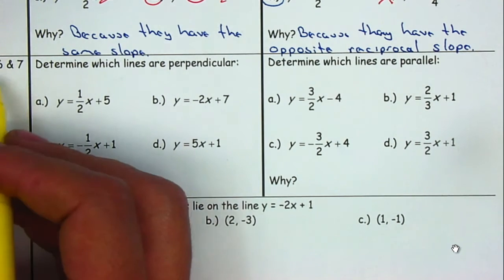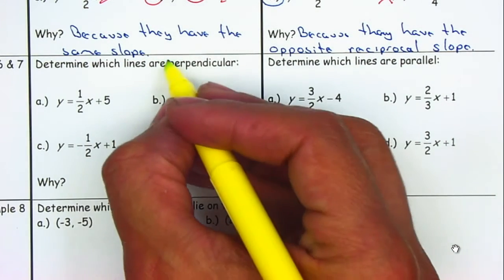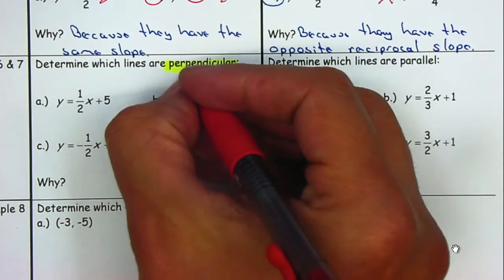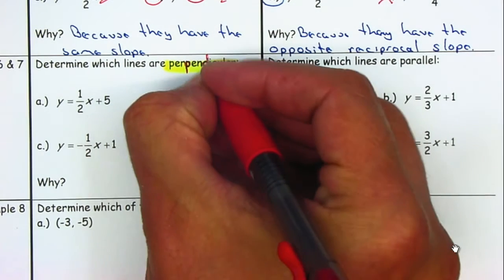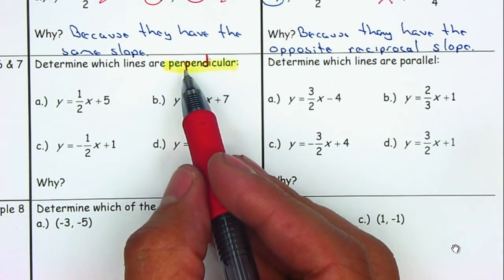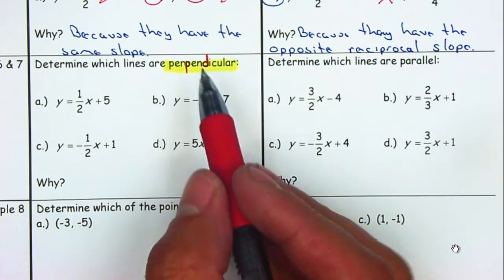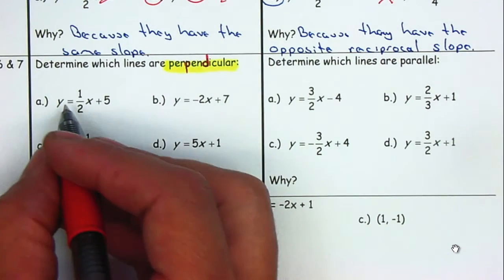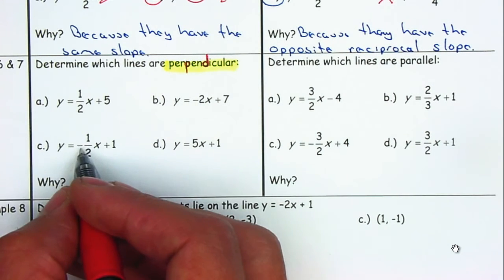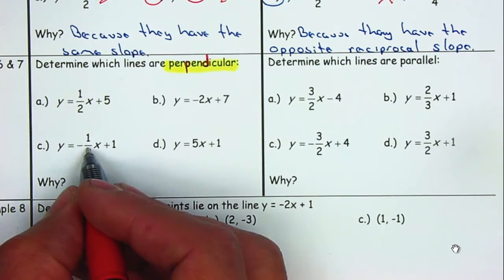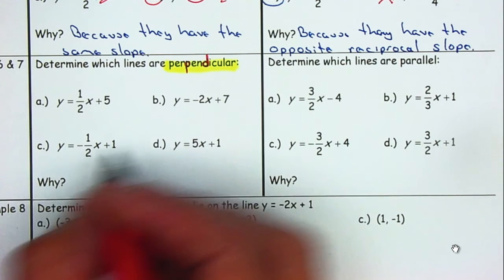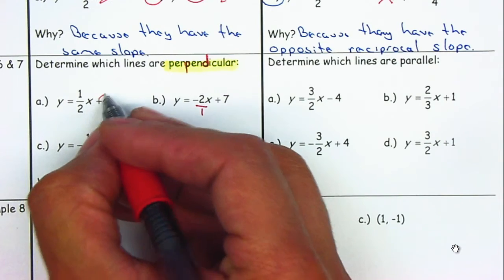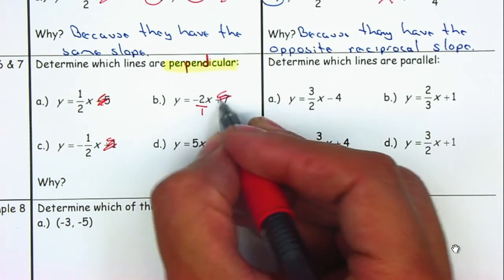For example number 6, perpendicular, we're looking for the slope that is opposite reciprocal. So it has to be flipped, one positive and one negative. So the ones that have opposite signs, one negative, one positive, but it also needs to be flipped. If you notice, this is over 1.